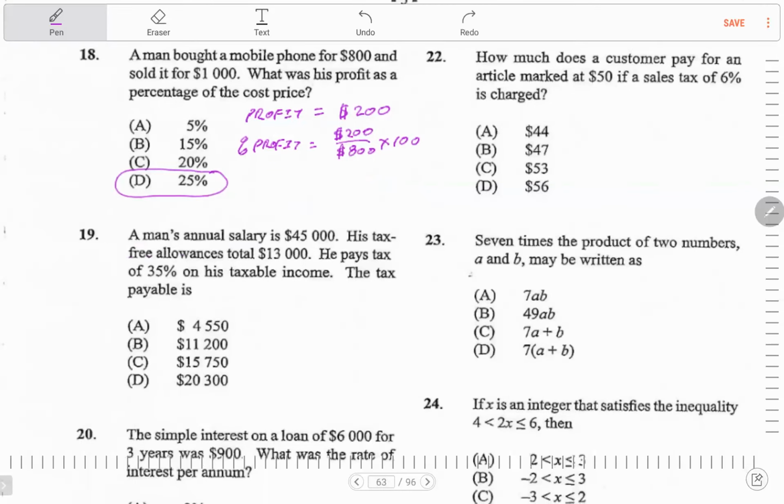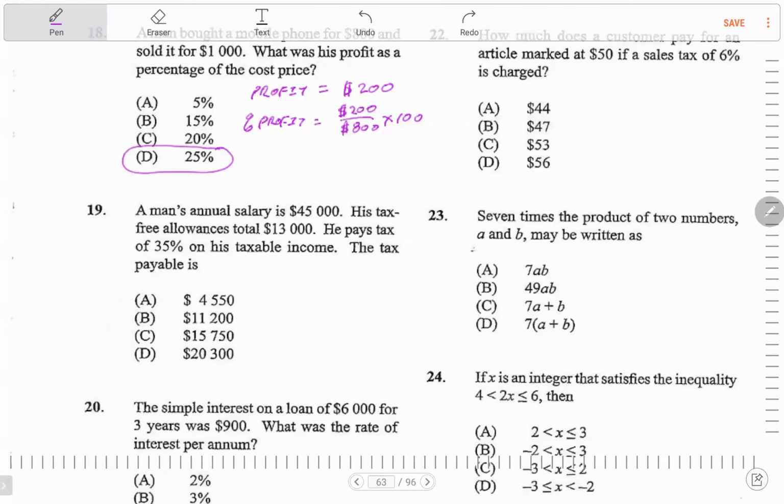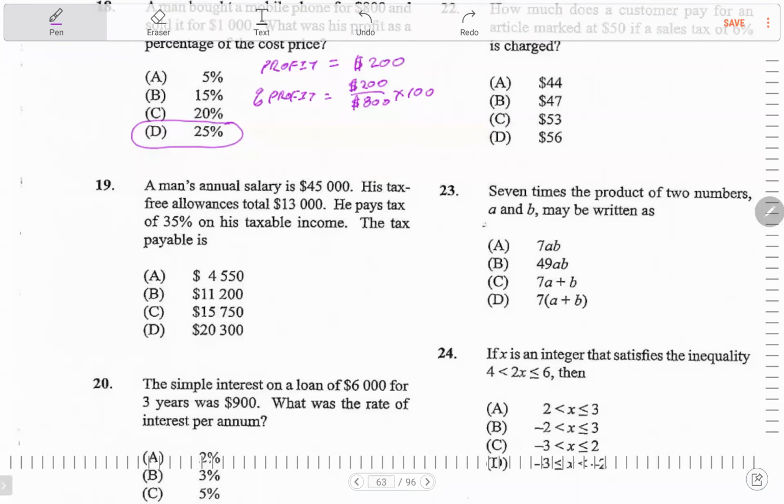We did this earlier. All right, here was the taxable income. The tax-free allowance is $13,000, and he gets a salary of $45,000.